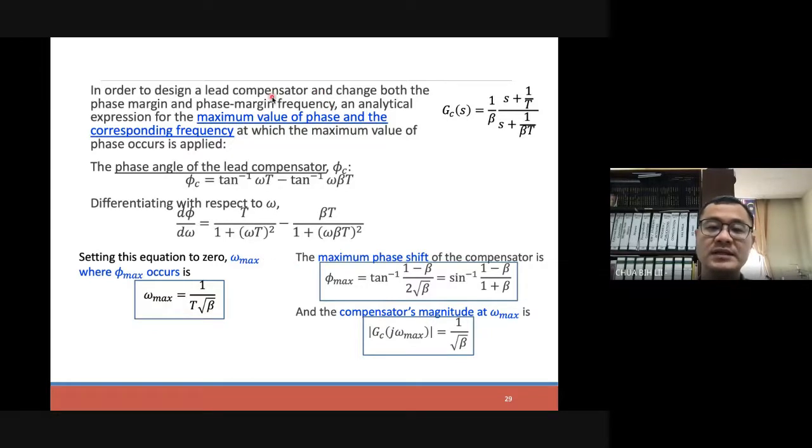So here are the relationships between those parameters: the phase angle of the lead compensator with the omega and the phase. Here we have three particular equations that we may use later on, related to the compensator magnitudes.